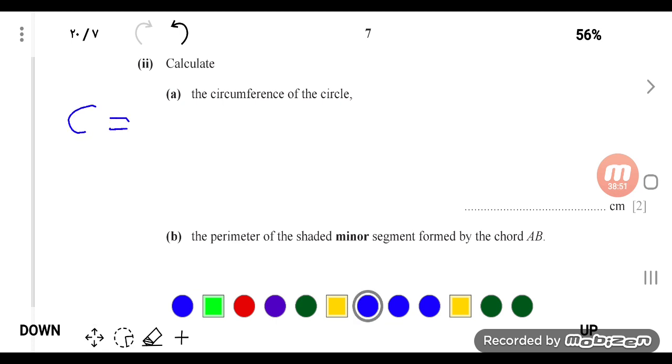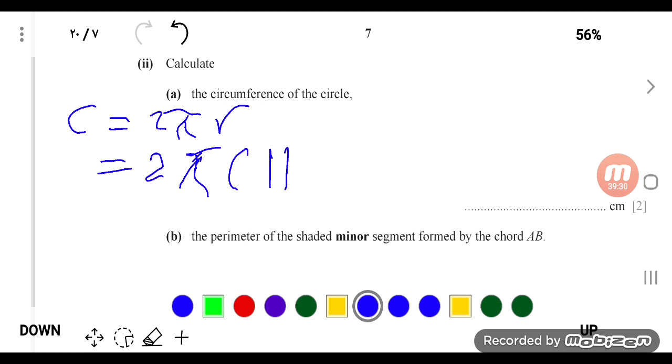So circumference equal 2 times pi times the radius, which is 11.6, and that's what we have found.